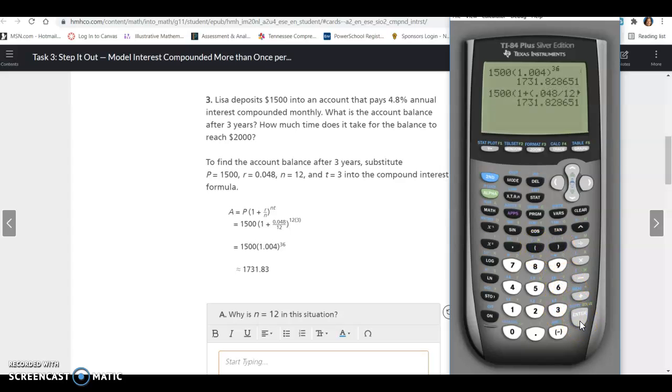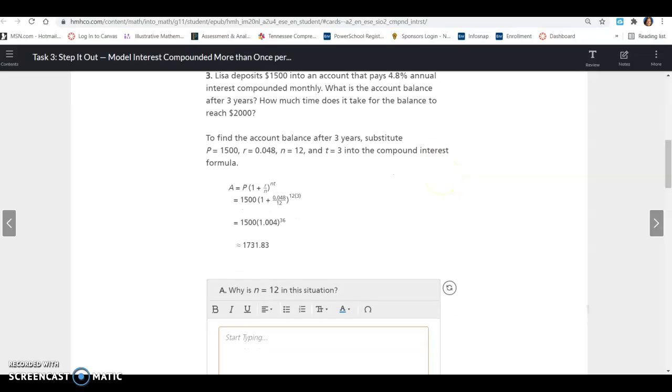Let's see if that gives me the answer. It still gives me the answer. So as long as you type that in correctly, I'm pretty sure you have to have this in parentheses as well, to signify that it has to do this before you add the 1. But anyways, just play with it and see how you can get it to work.